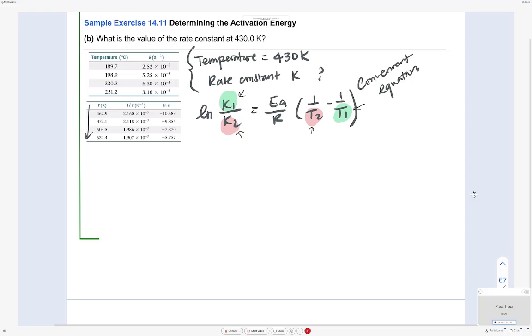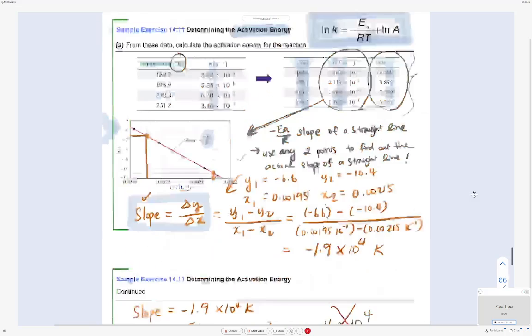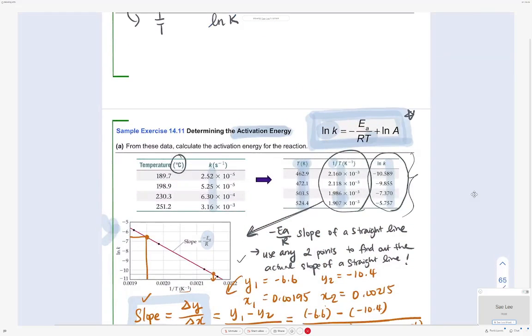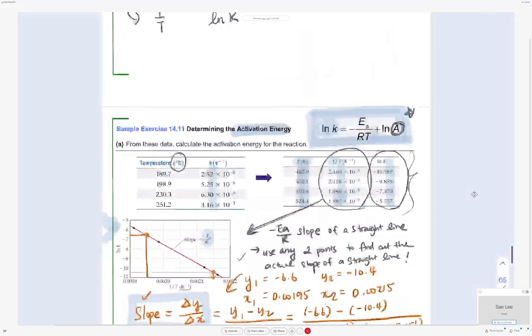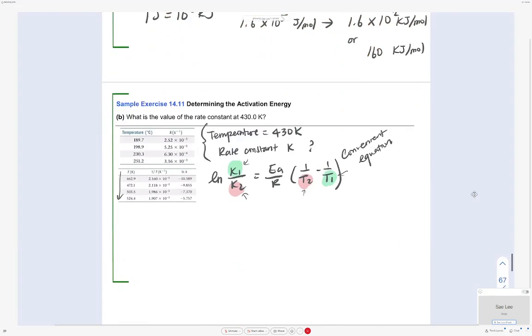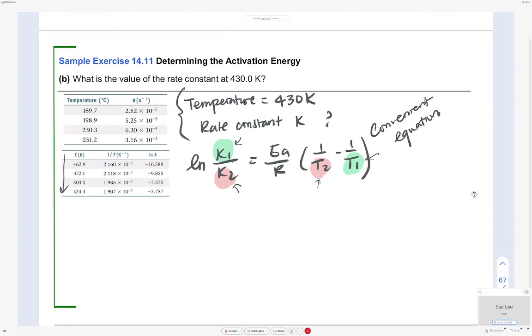If you were to use this equation in the beginning, you will need this frequency constant. But if you have this equation, you don't even need the A value. We already have a lot of experiments provided where we know various different rate constants K and various temperatures.